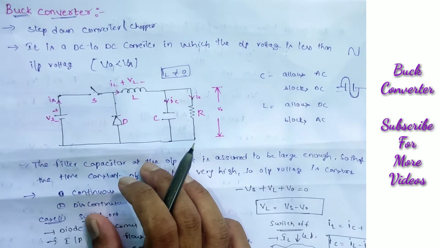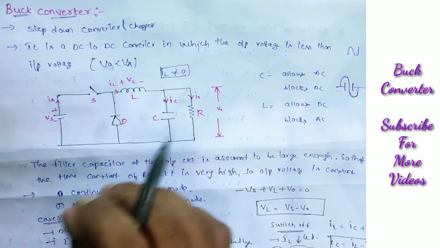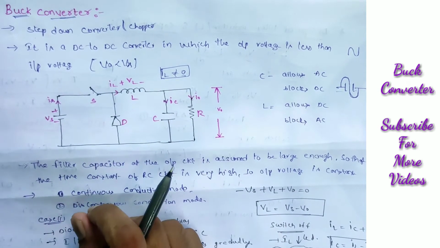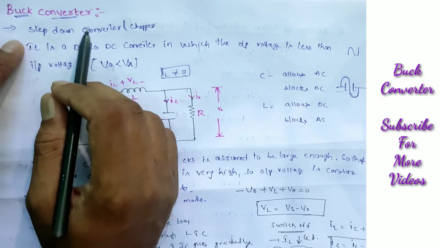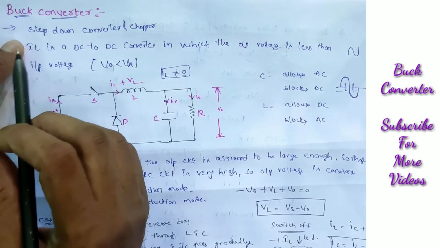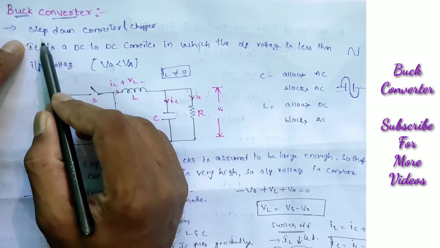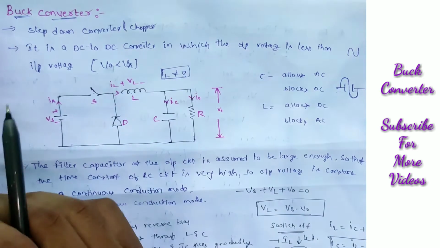This is a lengthy topic, so I wrote all the points in this video itself. Buck converter means step down converter or chopper. Buck means step down. If they ask for a boost converter, you have to write step up converter or chopper.